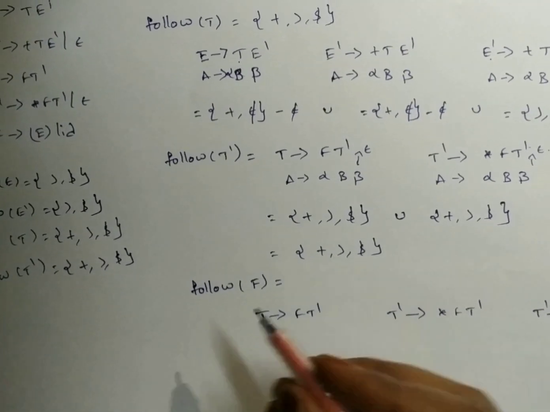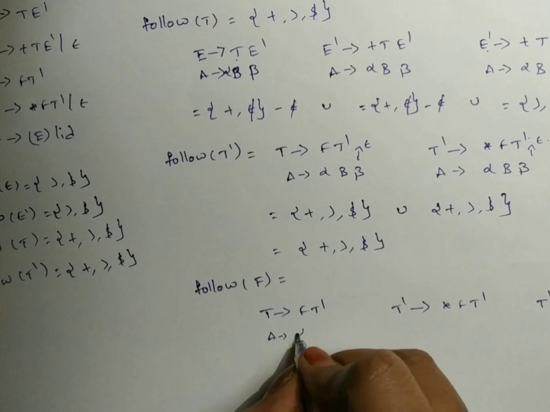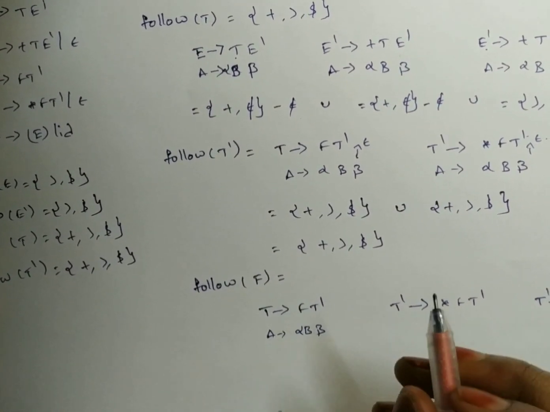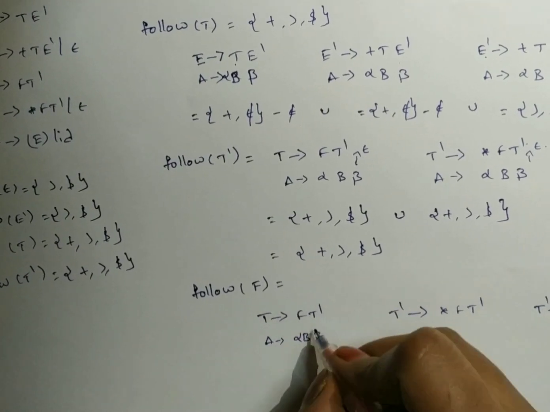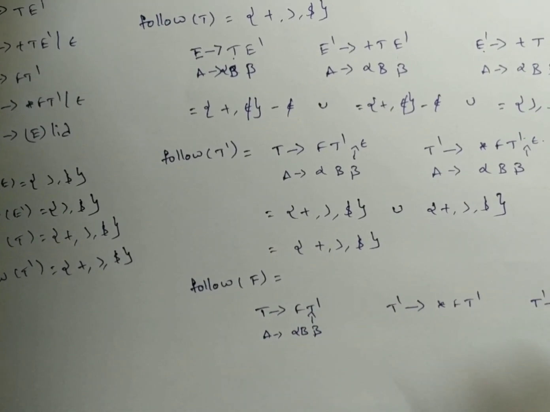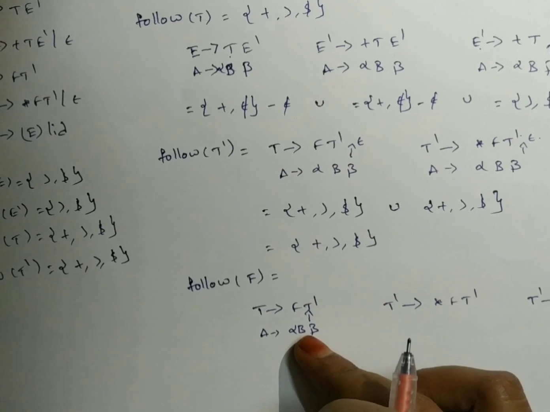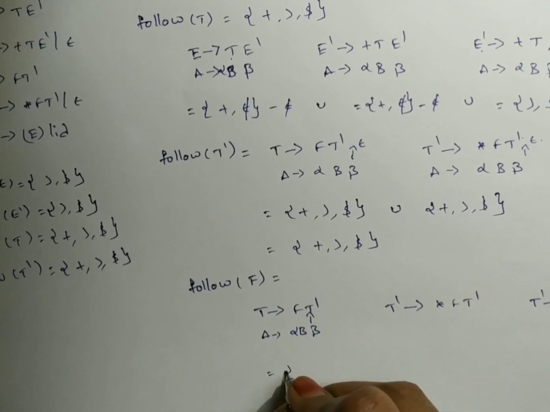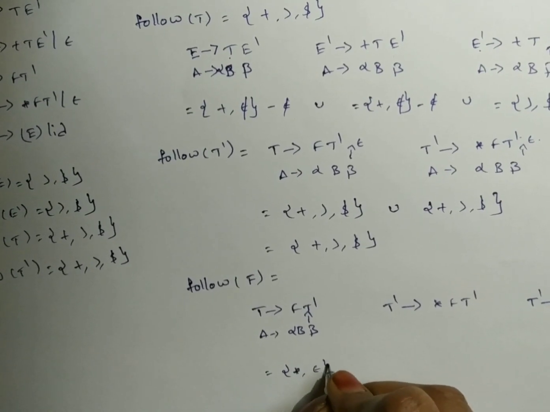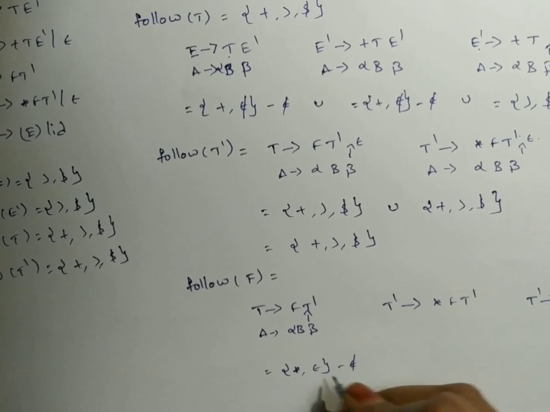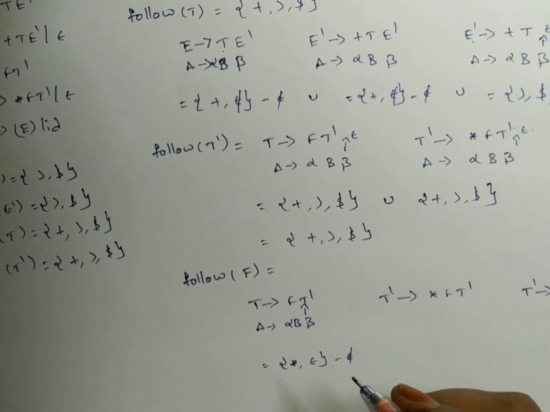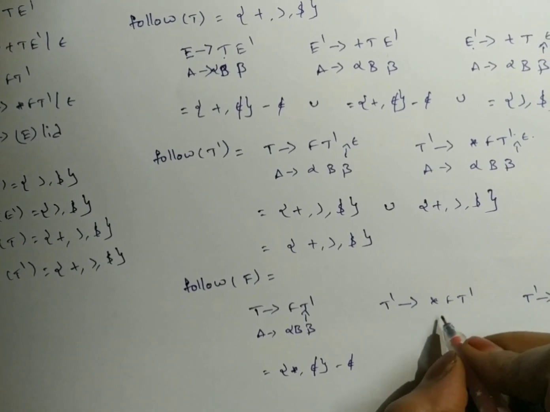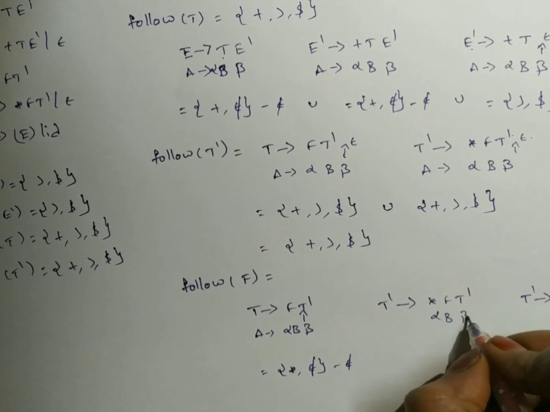By using the same formula, a derives alpha b beta, we need to find out the follow of f. Here beta represents the t dash, so first of t dash will be the follow of f. First of t dash is star comma epsilon, as we are not considering epsilon in the follow, I am cancelling the epsilon here.